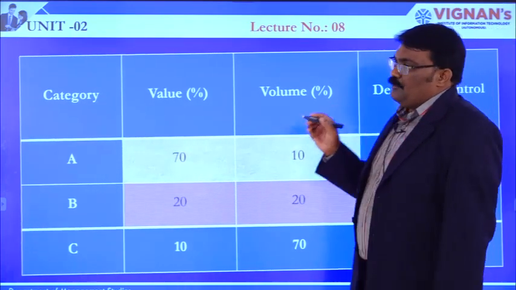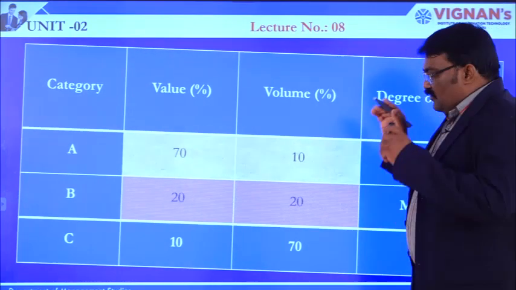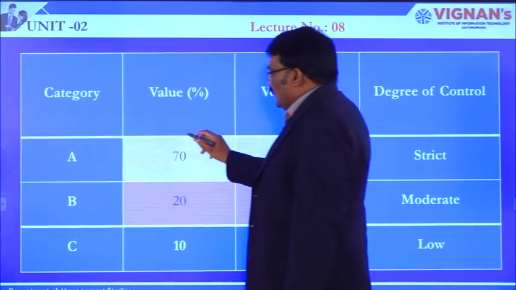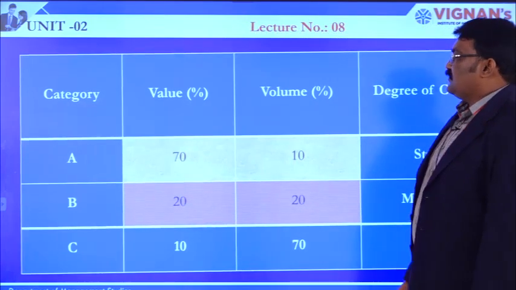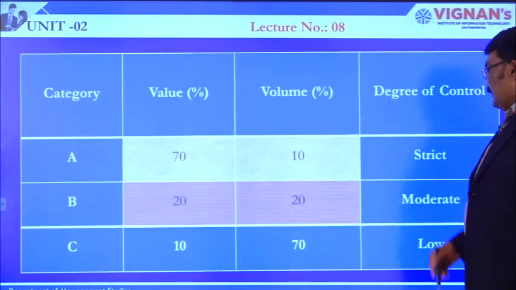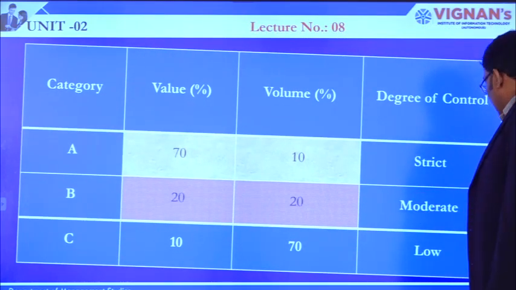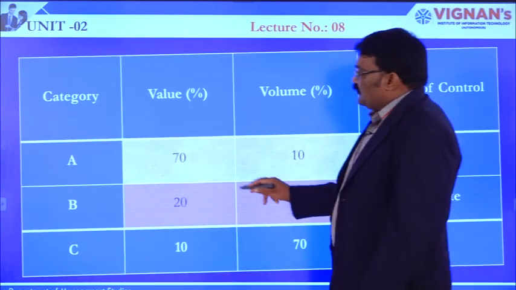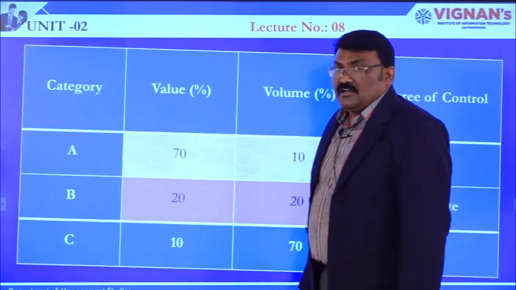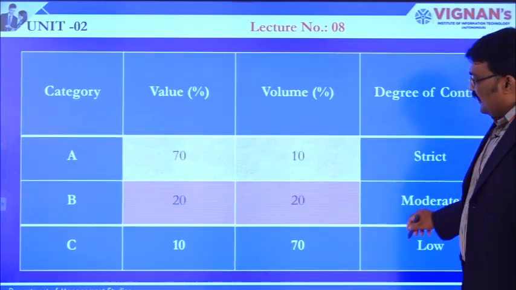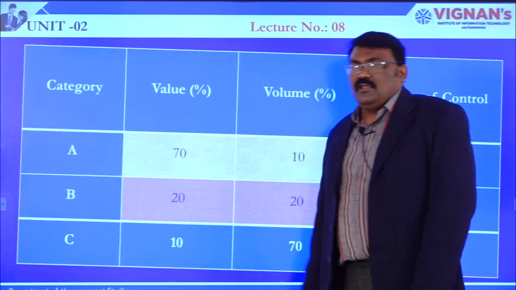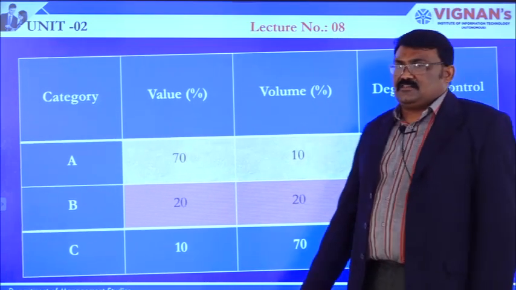The concentration or the control should be very strict for the 70% of the value consumption of the raw material. Next, it should be at a moderate level for the 20% consumption of the raw material, and it will be low for the 10% of the consumption.